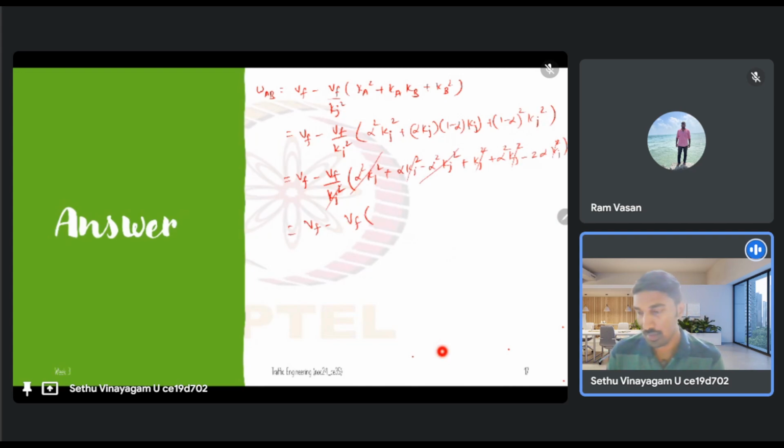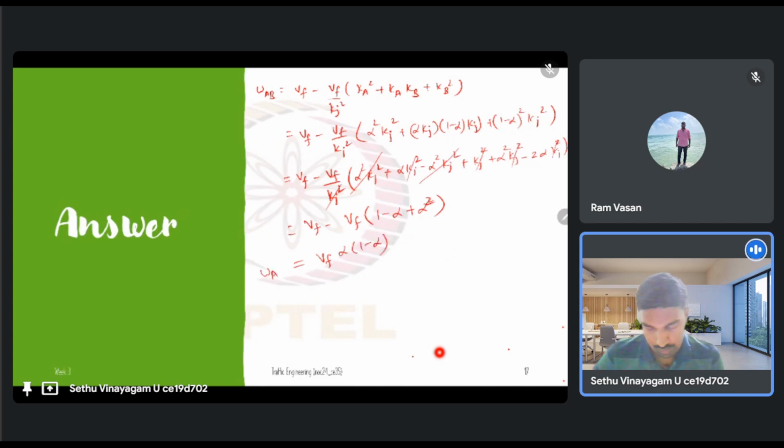So what will be remaining is, okay, so this finally reduces to Vf into alpha into 1 minus alpha.